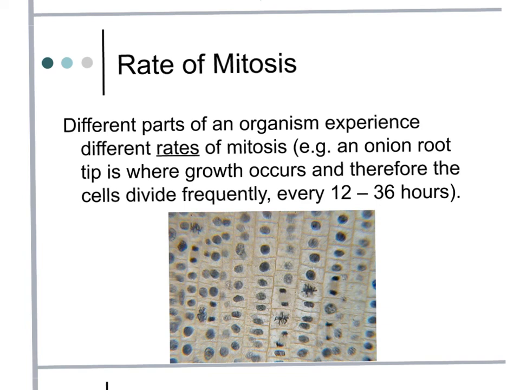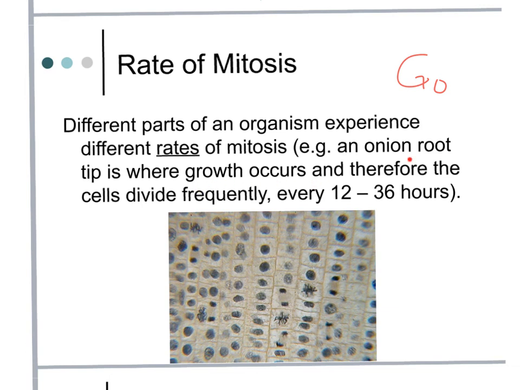So, last concept. Your cells are not constantly dividing. Remember that cell cycle arrest phase, or G0? Different cells are going to experience mitosis, or a rate of mitosis, differently. And it depends on what the function of the cell is. For example, onion root tips is where growth of the plant occurs.